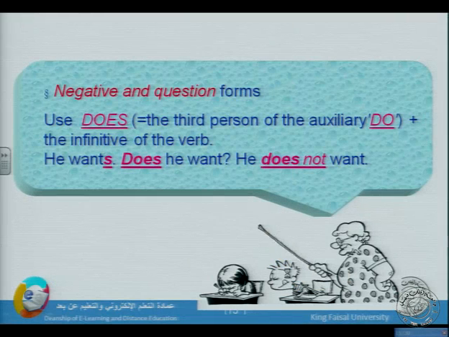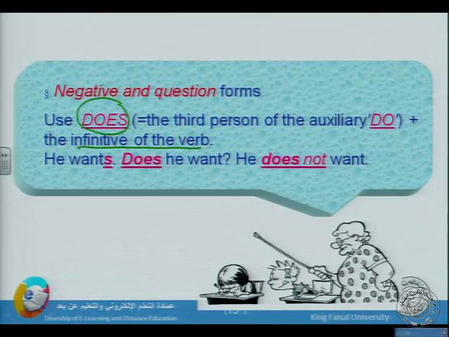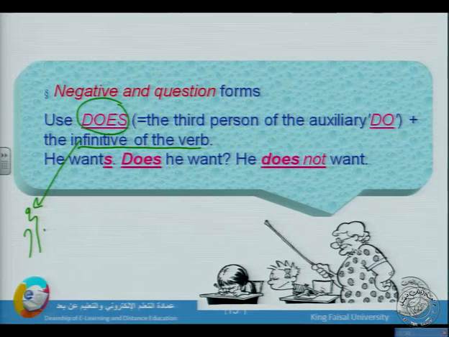So if you look at here negative and question forms, so we use does with the third person of auxiliary do plus infinitive of the verb. لازم يكون بعد does و do الفعل infinitive مجرد. infinitive معناتها مجرد يعني ما عليه أي إضافة.